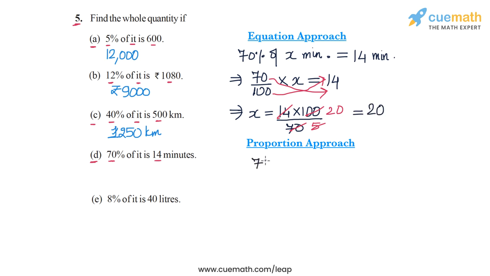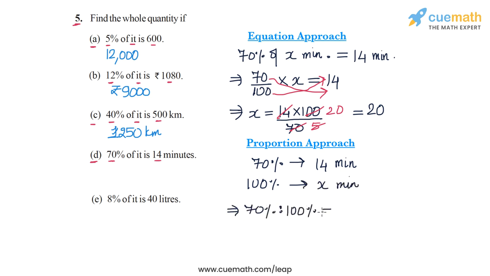So we write 70% corresponds to 14 minutes, and 100% corresponds to the whole quantity, which is x minutes. So the proportion we can create is 70% is to 100% is equal to 14 minutes is to x minutes.